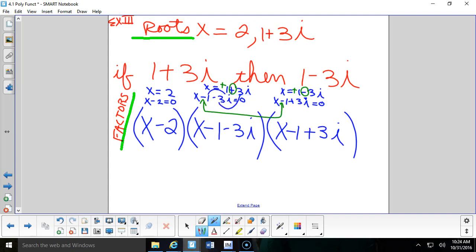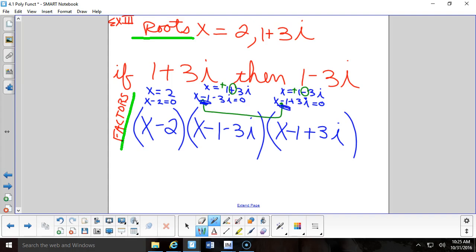The other root, 1 minus 3i: the 1 comes over as a minus, but the minus comes over as a plus. Notice that the only thing that's changing is the i part. So when I bring everything over onto the same side, it's a minus 1 in both situations.